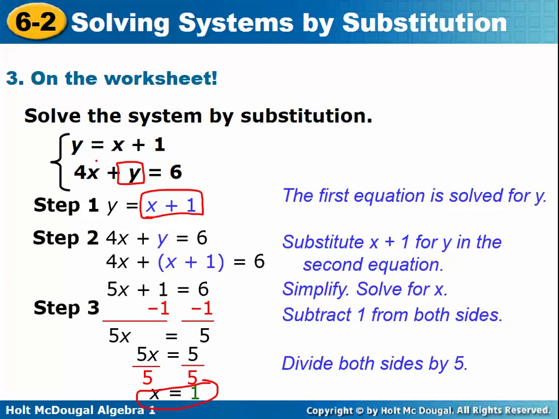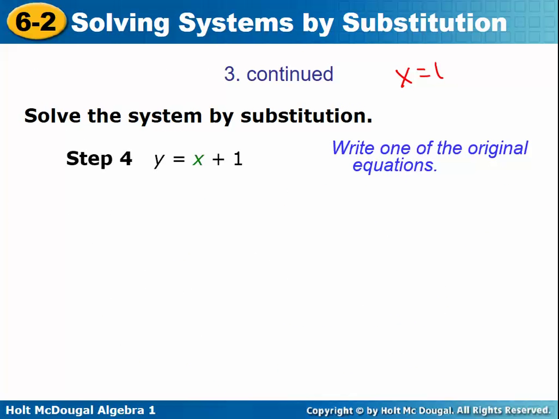Probably the top one, because y is equal to x plus 1, and we already know that x is 1. So pretty quickly we can find that y is going to be equal to 2. That's what they're going to do in this next part here. They're plugging in our 1 and they get that y is equal to 2.